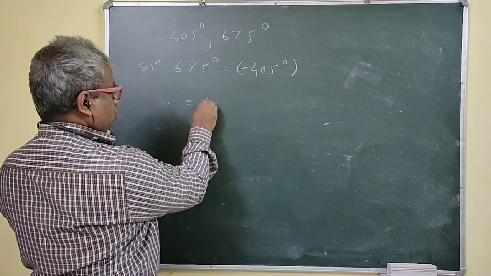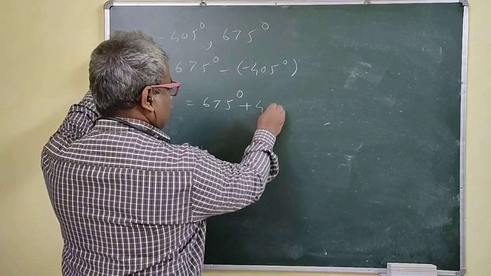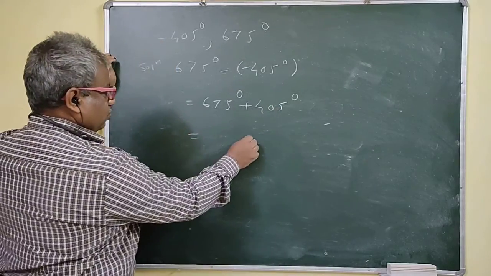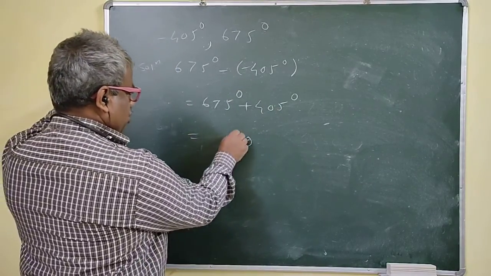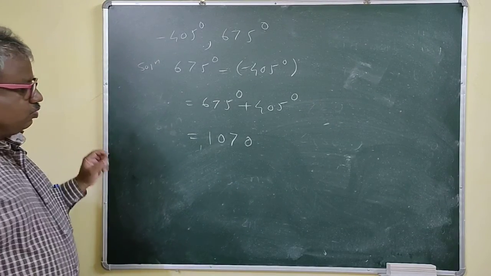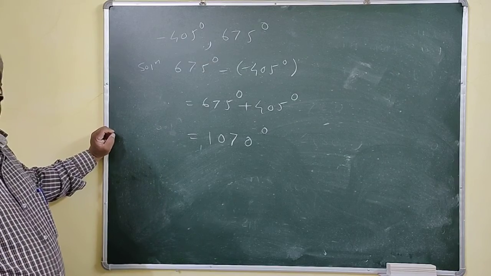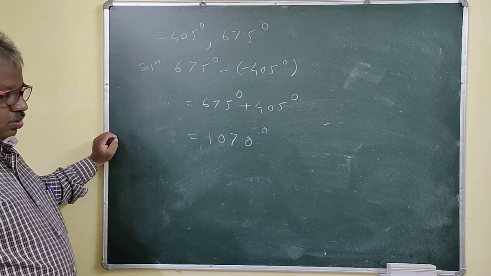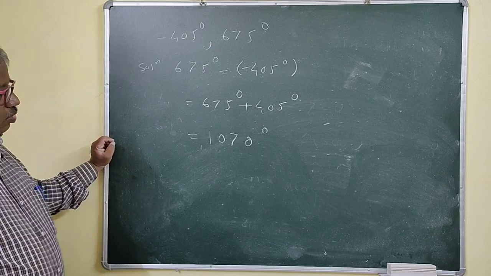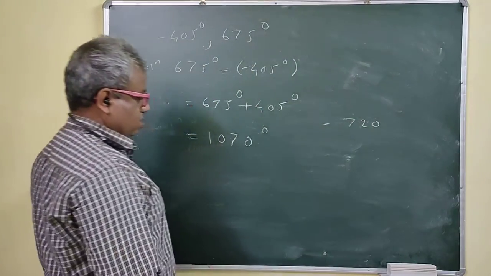So this is equal to 675 degree plus 405 degree. So this is 1080 degree. So is it a multiple of 360 degree?